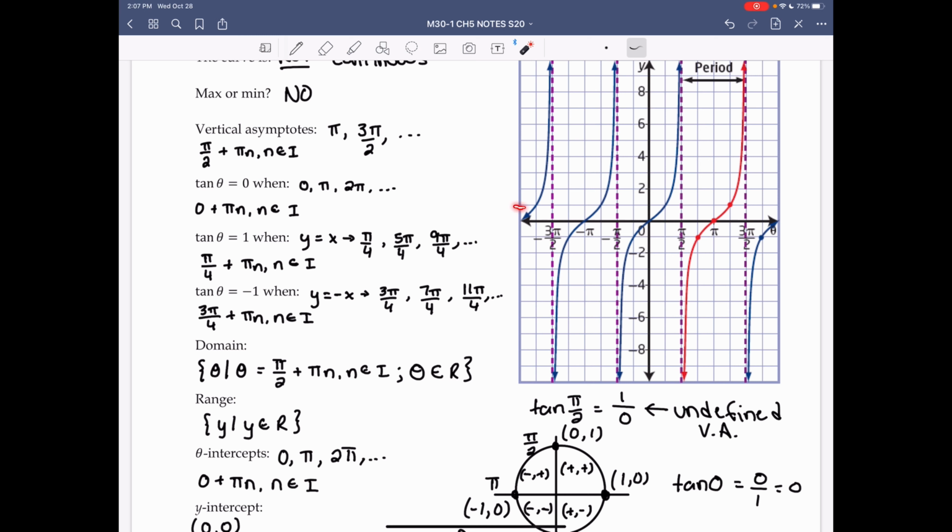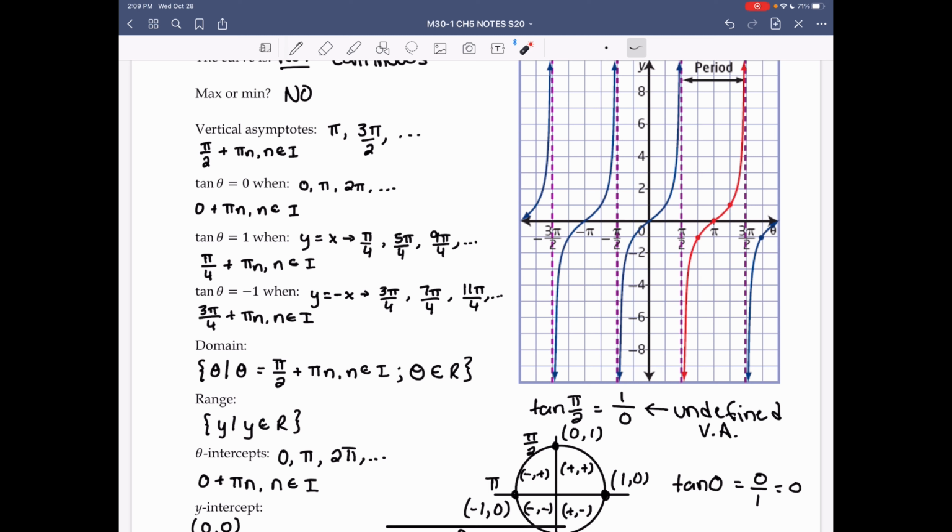We have that tan theta equals 1 at pi over 4, 5 pi over 4, or in the negative direction, negative 3 pi over 4, negative 7 pi over 4, etc. We have that tan theta equals negative 1 at 3 pi over 4, 7 pi over 4. In the negative direction, it would be negative pi over 4 and negative 5 pi over 4, etc.